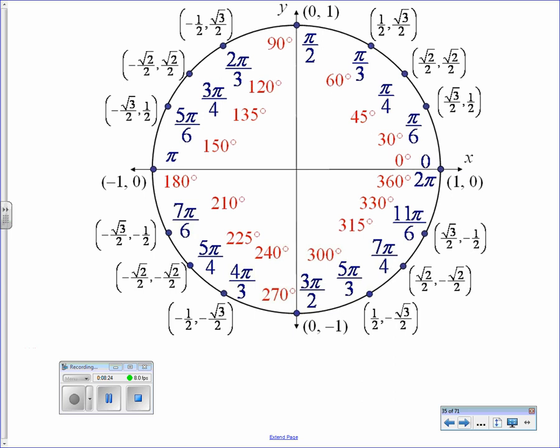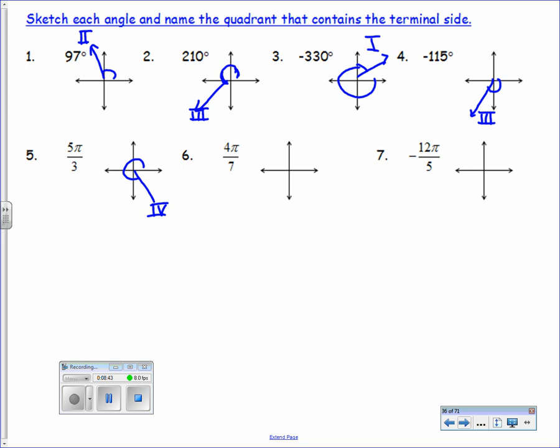Notice how things are cut into 6, so really pi is 6 pi over 6. If we have 4 pi over 7, that is going to be a smaller area, somewhere in the 2nd quadrant. We can talk more about that later on. If I cut things right now, pi here at 180 degrees would be 7 pi over 7. Half of that would be 3 1/2, and 4 is a little more. That's how I know I'm in the 2nd quadrant.